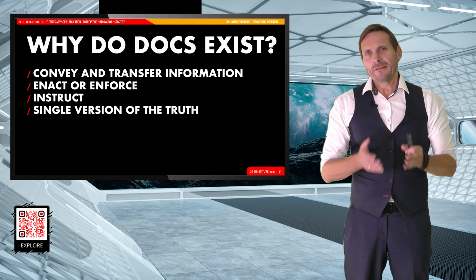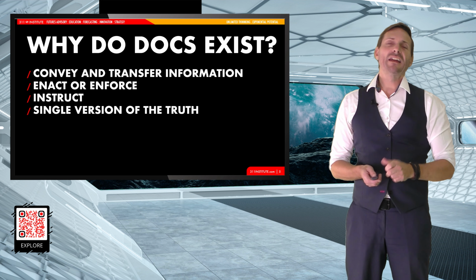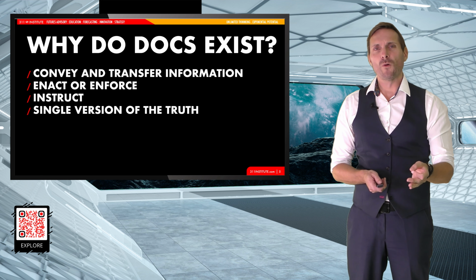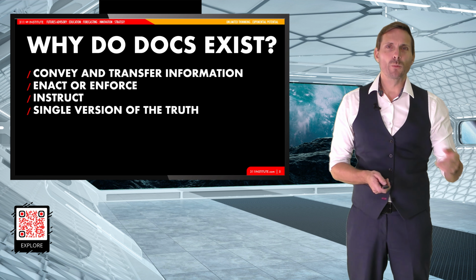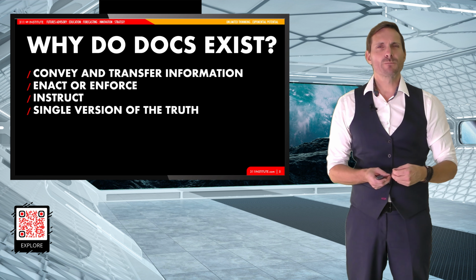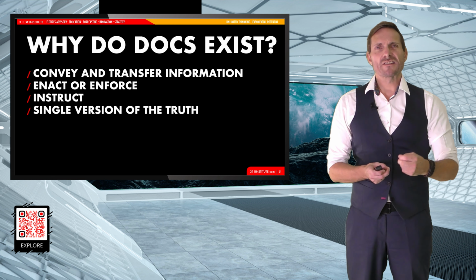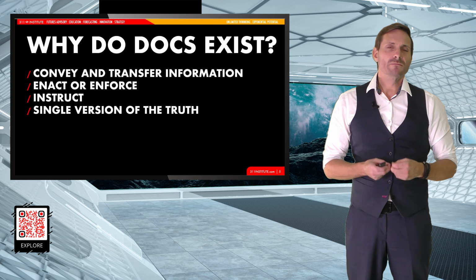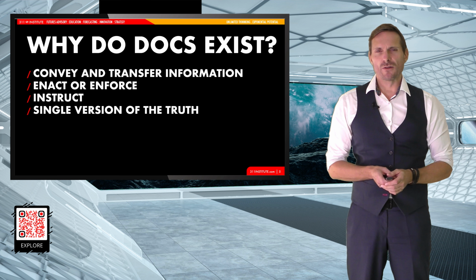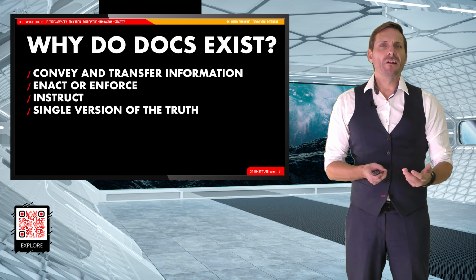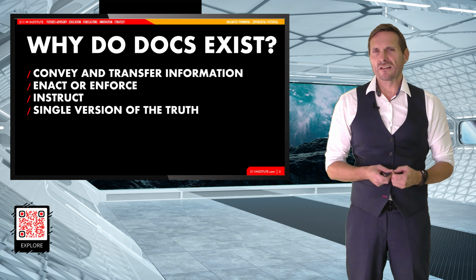Today, documents exist to convey and transfer information, and to enact or enforce different things. We can think about this as contracts, but also enforcing rules, processes, organizational regulations, policies. Documents are also there to instruct, for example manuals.